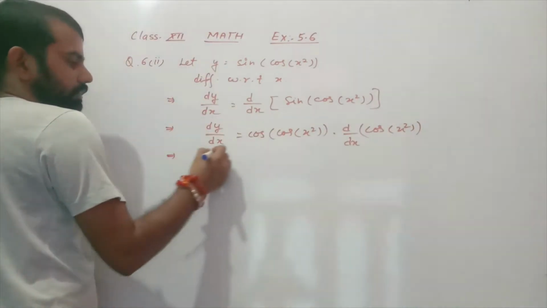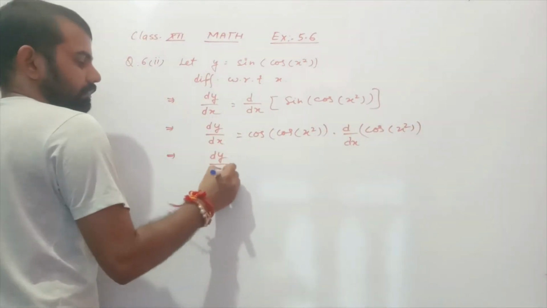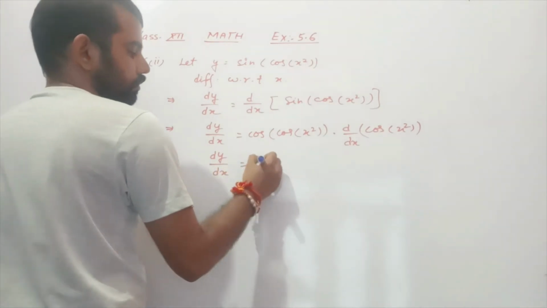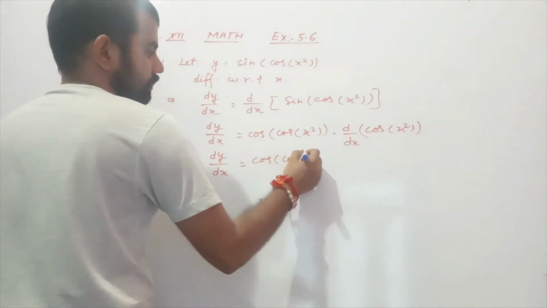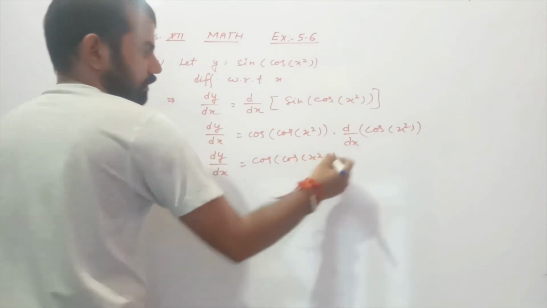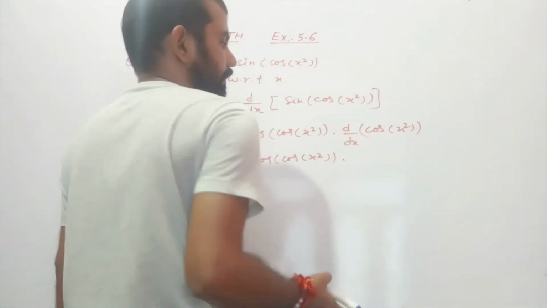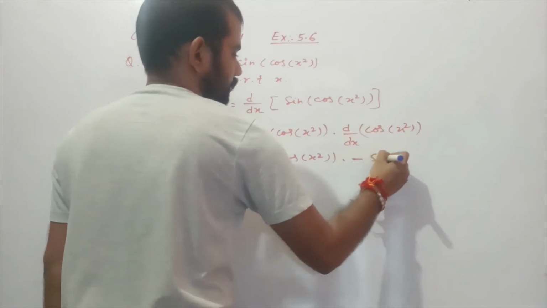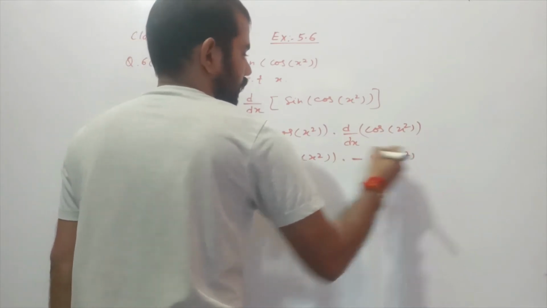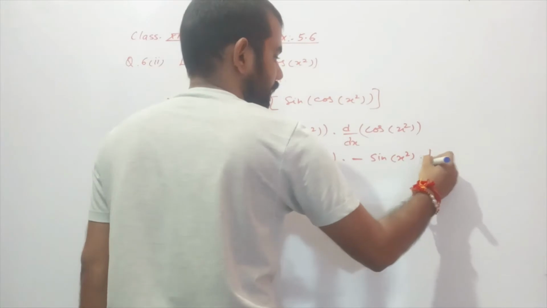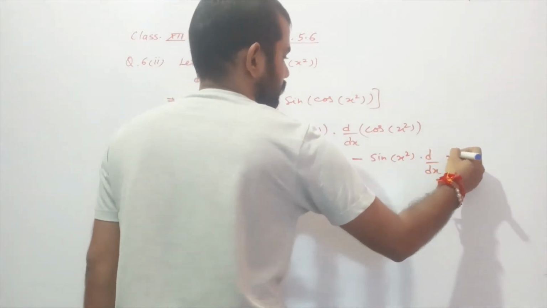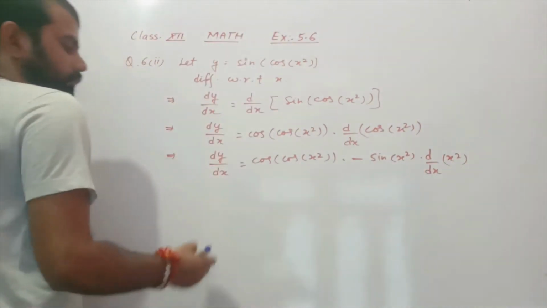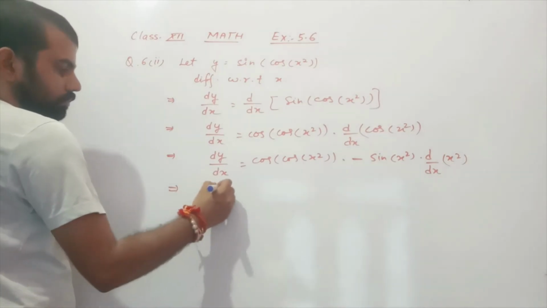This implies that dy by dx is equal to cos of cos x square into d by dx of cos x square. Cos x is minus sin x square into d by dx of x square, again by the same rule.